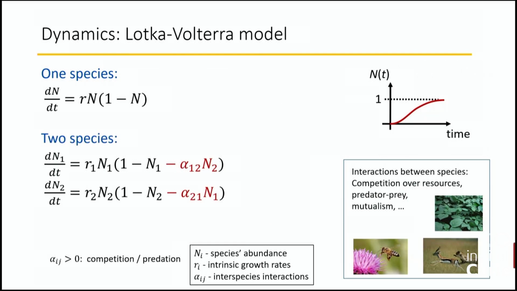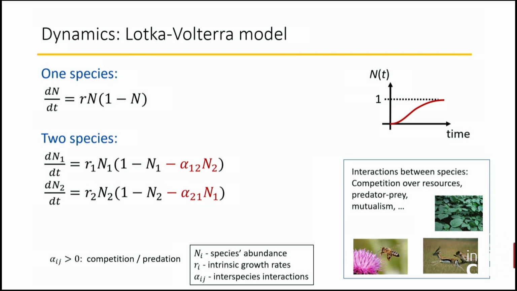That was one species, but our true interest is in many species. So for two species, what we will do is have the same logistic growth for each of them, but we will add an interaction. This interaction that we're adding here in red, alpha 1,2 N2 and alpha 2,1 N1, is an interaction that linearly changes the growth rate of the other species.